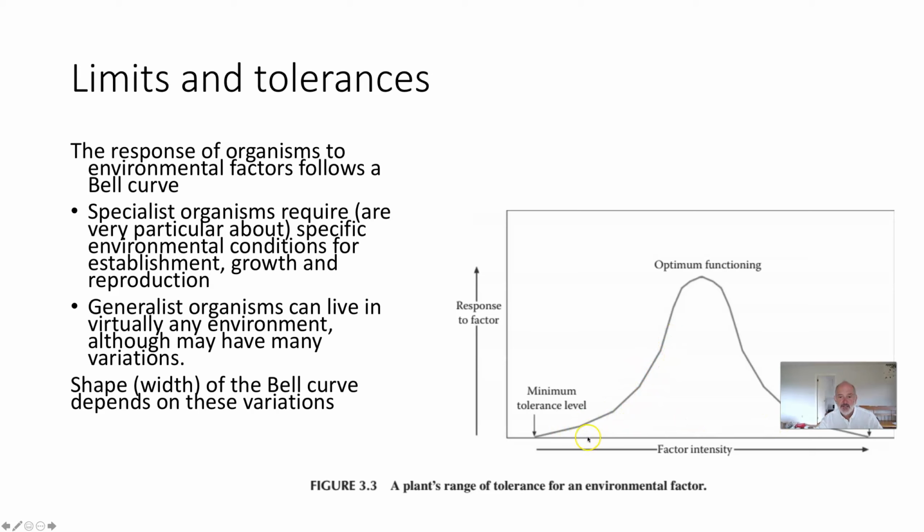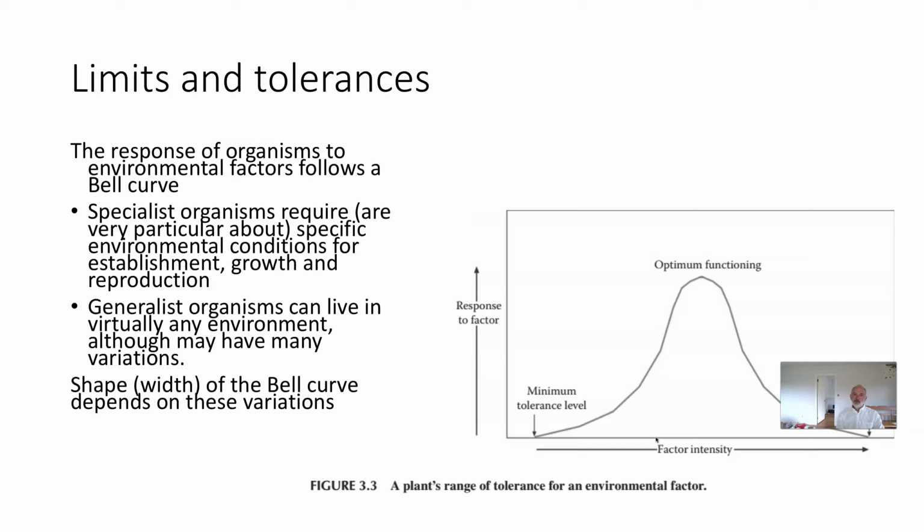If it needs a good amount of nitrogen, it can only tolerate a certain amount. So it may have a very narrow band within which it's going to grow optimally or even at all. It might have a narrow band for nitrogen, a narrow band for temperature, a narrow band for water, and all of those have to be just right. So specialist organisms require very specific conditions.